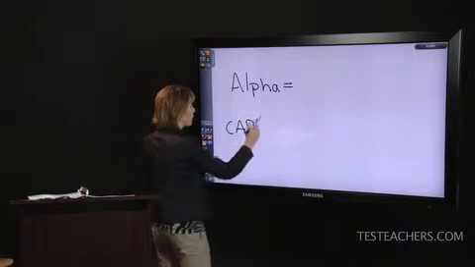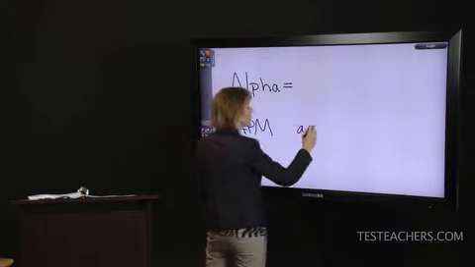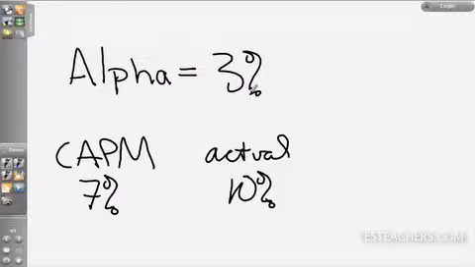So if the capital asset pricing model predicted 7%, but the actual return was 10%, the alpha is the 3% that is different.